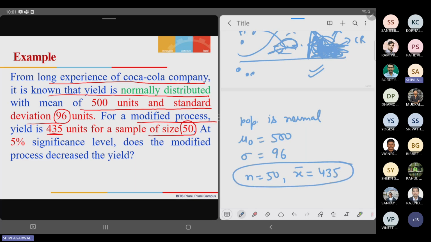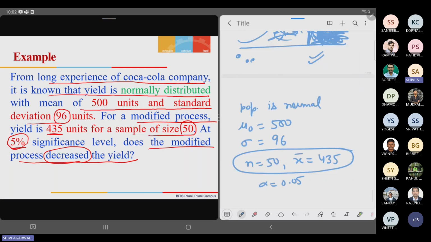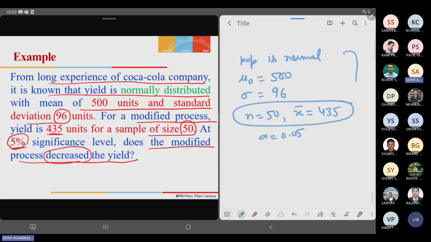They made some modification to the previous work, and then they ask at the 5% significance level: does the modified process decrease the yield? So this is the new claim, that the yield has decreased, and here alpha is equal to 0.05, or 5%.